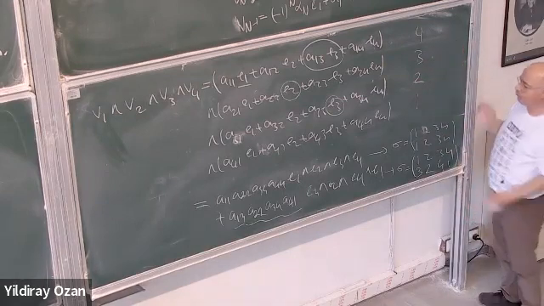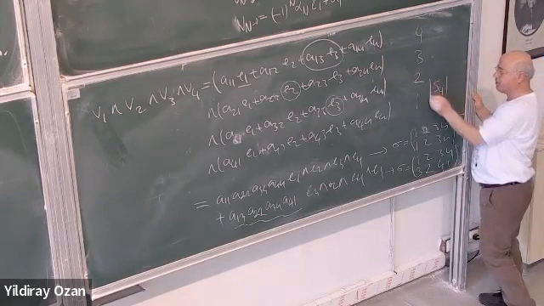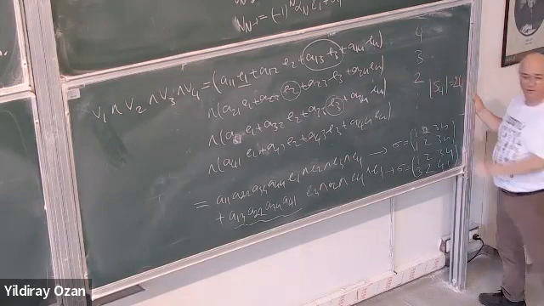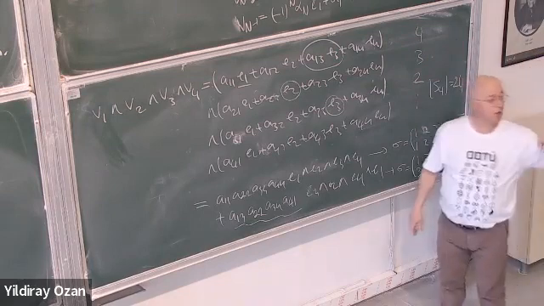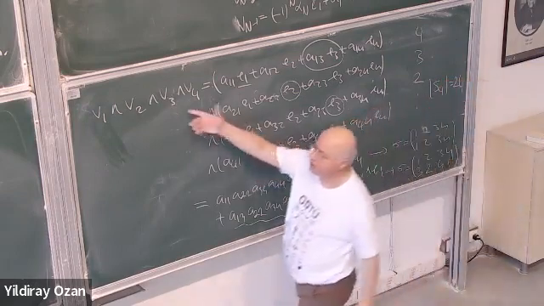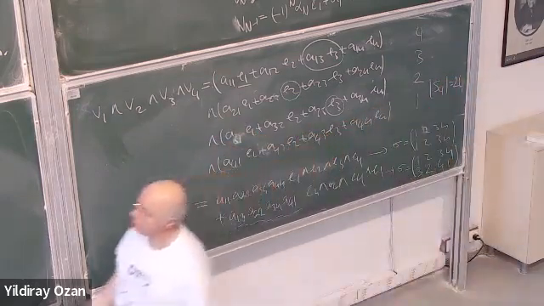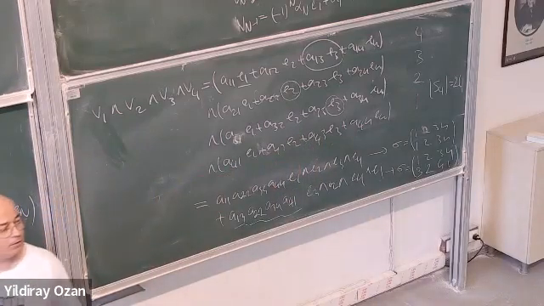Okay? 24, which is just the order of this symmetric group, of course. Right? Permutation. So for each permutation, you have a term. Okay? And this whole thing is just this summation.